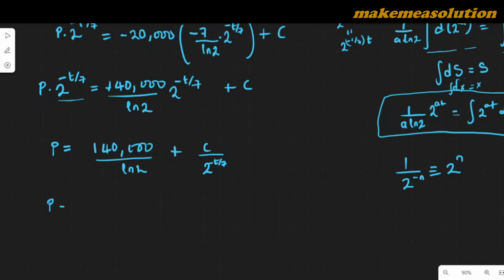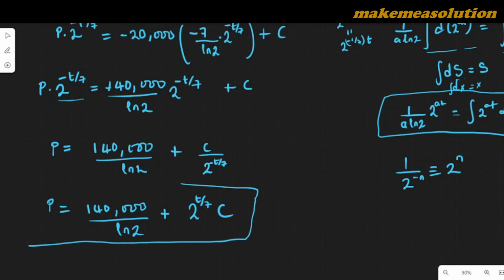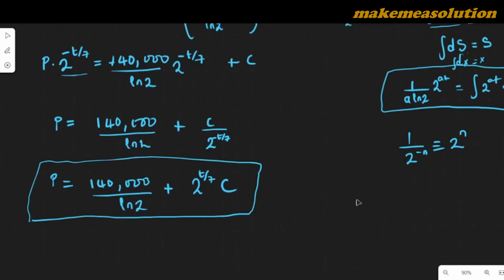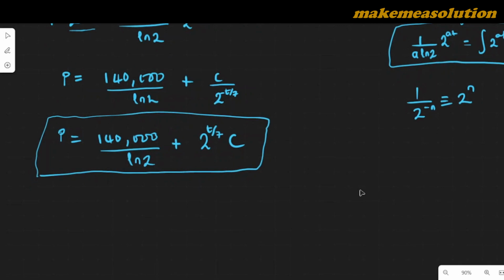You get p is equal to 140,000 over ln 2, plus 2 raised to the power of t over 7 times c. So this is the general solution that models the amount of mosquitoes present in the system at any given instance of time.